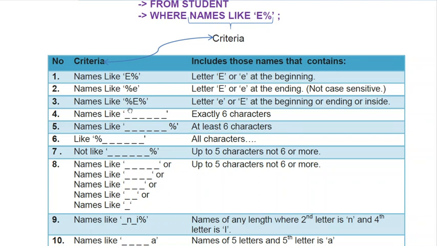Now the third type, '%E%', means letter E may appear anywhere in the name. It may be at the first place or last place or in between, anywhere. It means if the name contains letter E, that name will appear in the output.